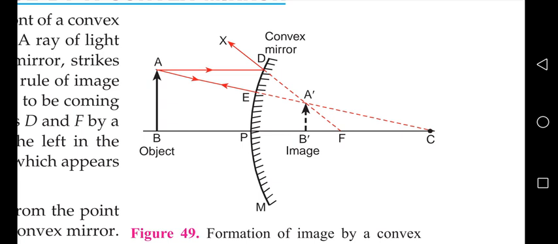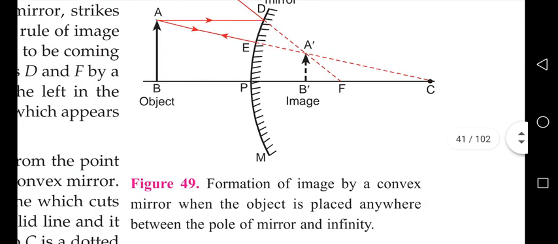So here if you look at the size of the object and size of the image, the size of the image is small, or you can say it is diminished. And is it a virtual and erect image or a real and inverted image? You can see that it is a virtual and erect image, right? So where is the image formed? It is formed between pole and focus of the convex mirror, right?